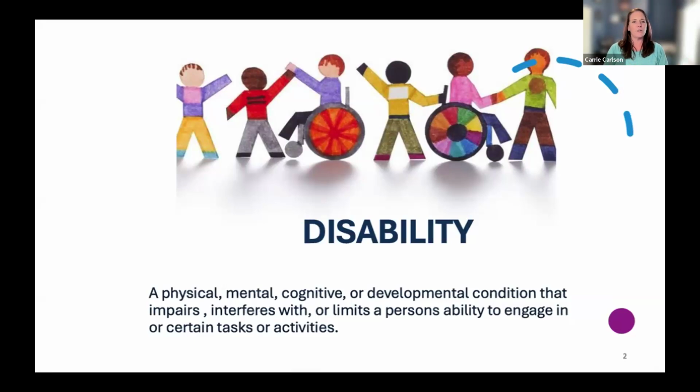And this is one of the definitions of disability that I'm going to give you today. A physical, mental, cognitive, or developmental condition that impairs, interferes with, or limits a person's ability to engage in certain tasks or activities. And I said one of them because I'm going to give you multiple definitions for a reason. So that is one of them.